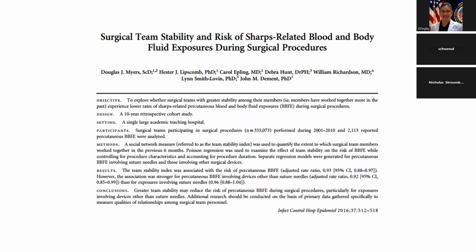I thought this was an interesting study. They looked at how important your team is to needle stick injuries, and used something called the Team Stability Index. I believe they kept the same surgical team for 6 months and then switched. When you did that, you actually reduced your needle stick injuries quite substantially.